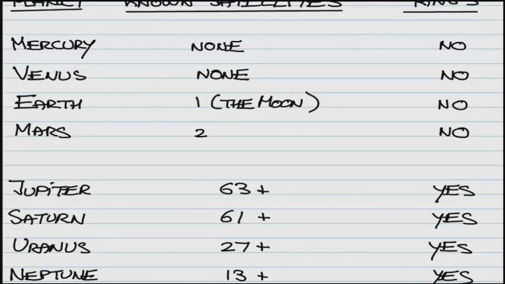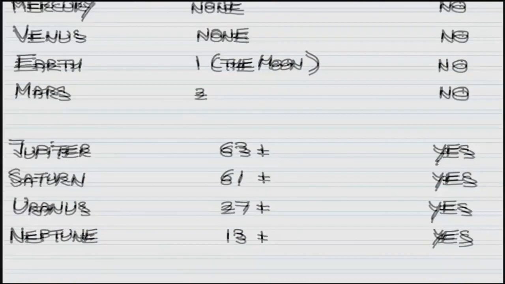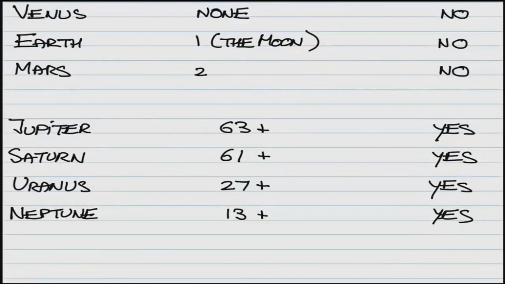On the other hand, the Jovian planets have many satellites. Jupiter has 63 and counting. I've been teaching astronomy off and on since the early 90s, and I started off by doing the section on the solar system, and over the years this number has been increasing all the time.